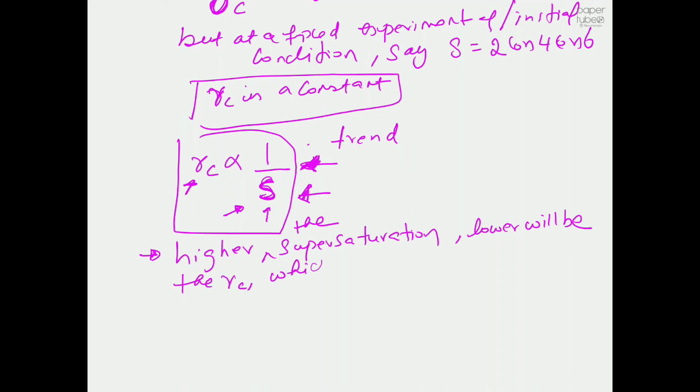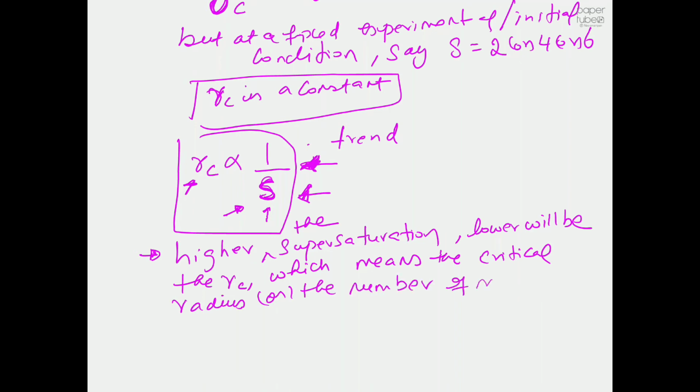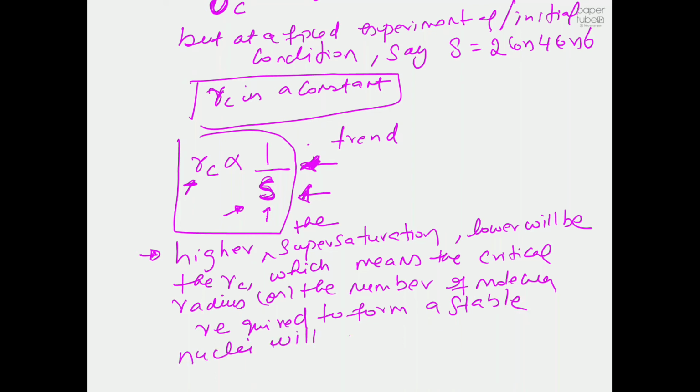So which means the critical radius, or the number of molecules required to form a stable nuclei, will decrease.